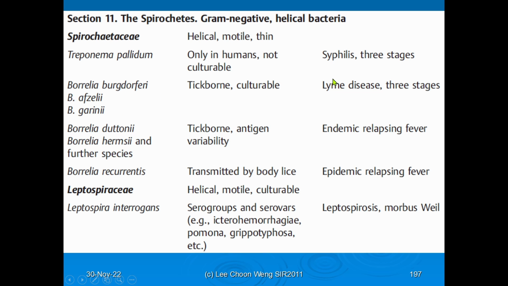Borrelia burgdorferi causes Lyme disease, also in 3 stages, whereas the other Borrelia cause endemic relapsing fever. For Leptospira interrogans, it causes leptospirosis, also helical, motile, and culturable.